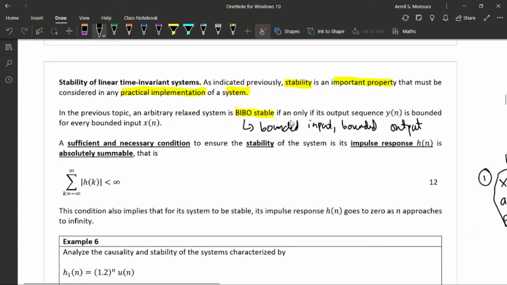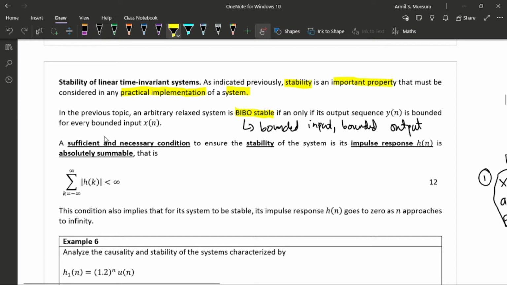Now, we will use your impulse response to determine whether a system is stable or not. In light of the new information that is h[n], we will be using that in order to characterize the stability of the system.